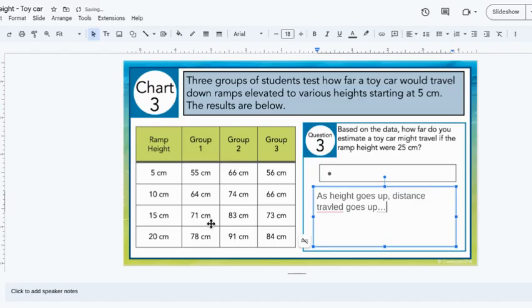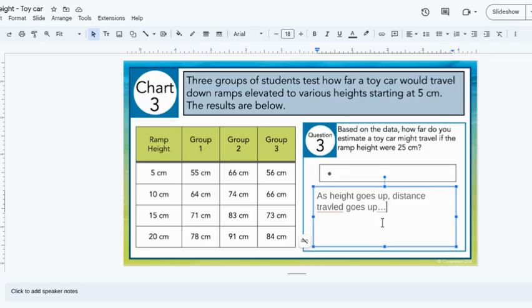If these are going up 7 and 7 and then 8 and then 11, we know that it at least has to be more than 7. So if it's more than 7 for this one, that's going to be 85. If it's going to go up 8 on this one, that's going to be 99. This one up 11, 95.